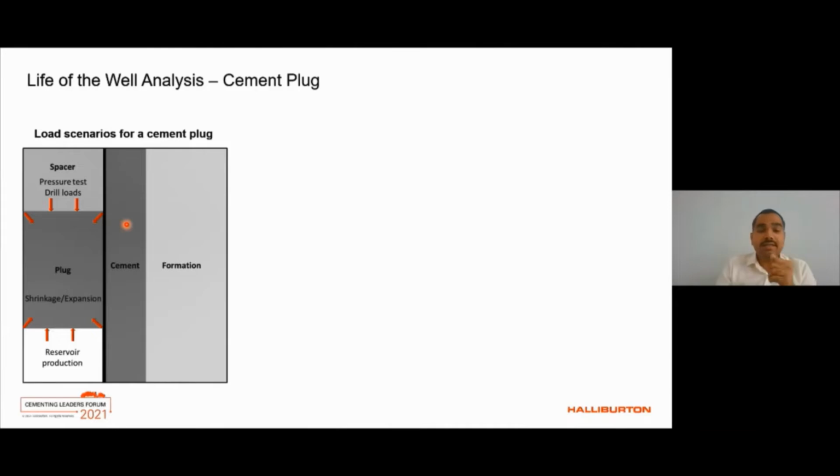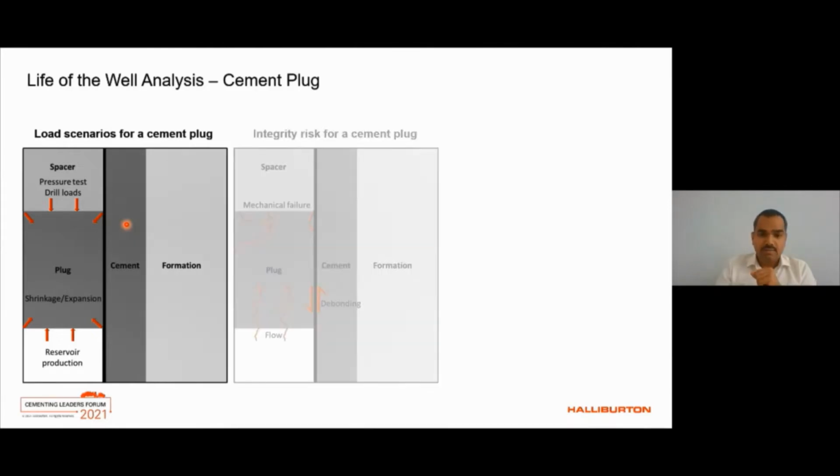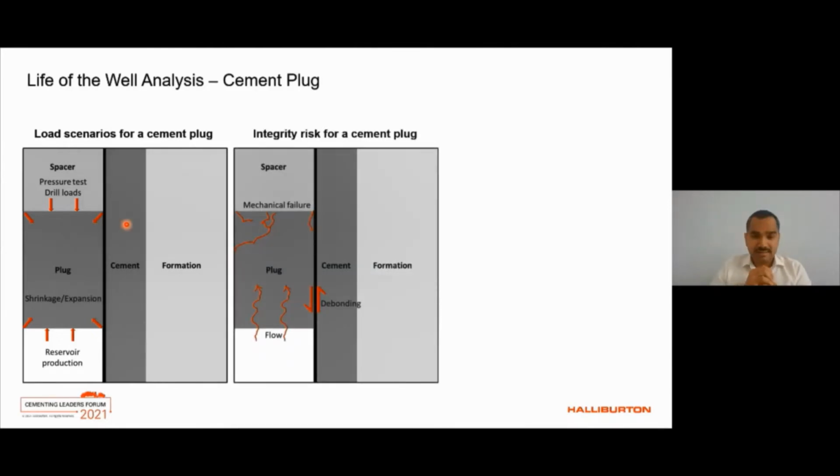What happens under these kinds of load scenarios? These are the potential risks to the cement plug, specifically to the integrity of the cement plug. There could be a potential mechanical failure, like shear failure or tensile failure, that we typically model in well life. Those are driven by excessive compression stresses or excessive tension stresses.